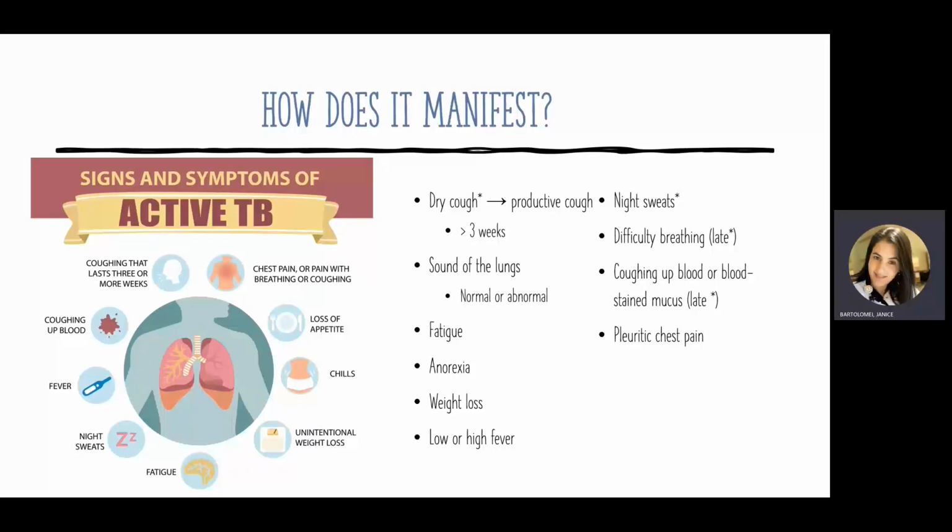And then you have possibly this coughing of blood, or a tinge of blood in your sputum or mucus in the late stages of tuberculosis because of the inflammation that happens. Okay, so that's how you can differentiate from other diseases like bronchitis or pneumonia.